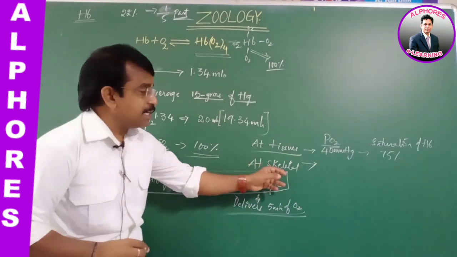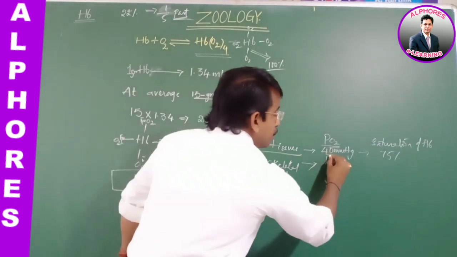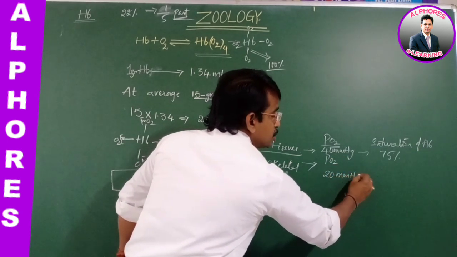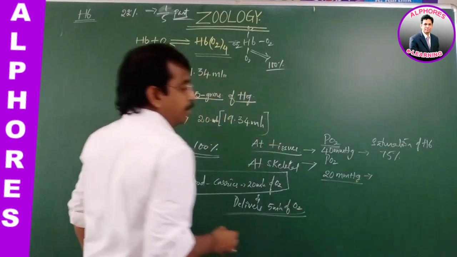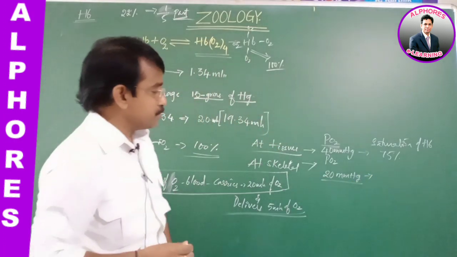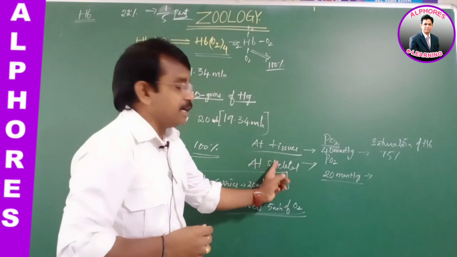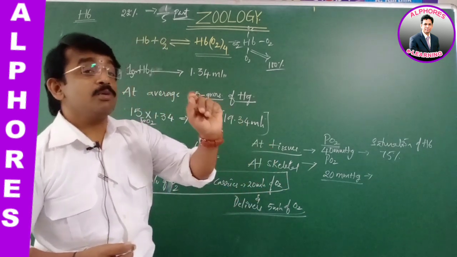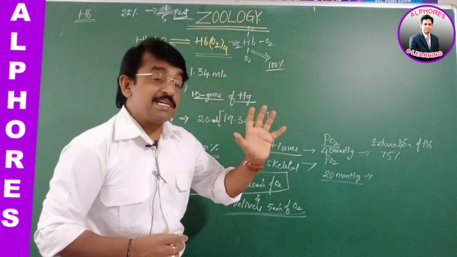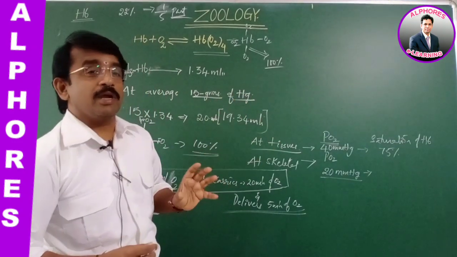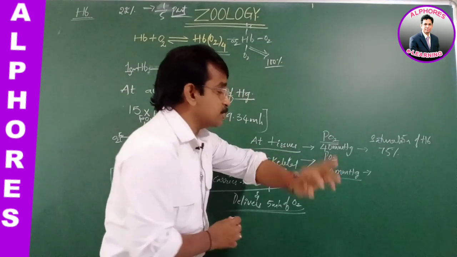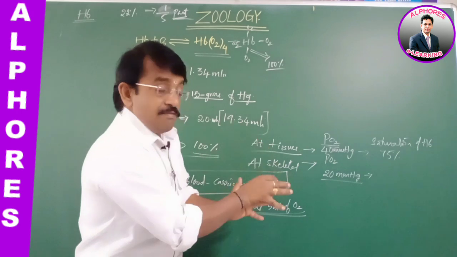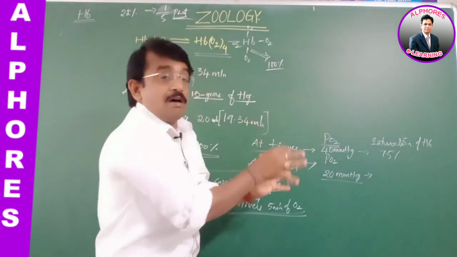At skeletal muscles, the partial pressure of oxygen is 20 mmHg only. Let me remind you what I am saying. At skeletal muscles, in the sense of rapidly undergoing rigorous exercise, the partial pressure of oxygen is 20 mmHg, which means it is even lesser than that of normal tissues.